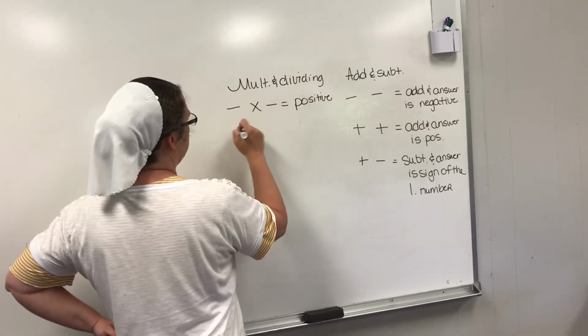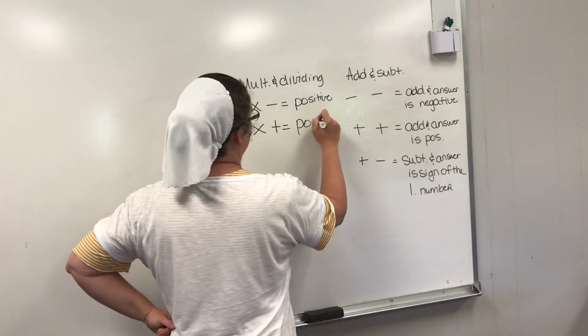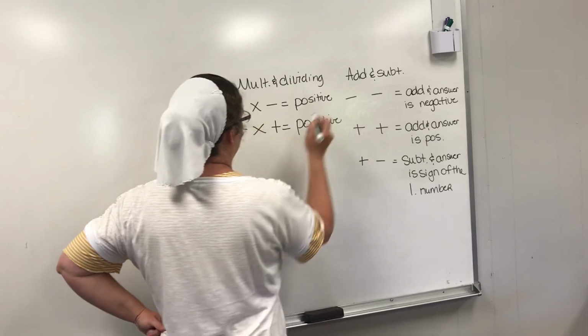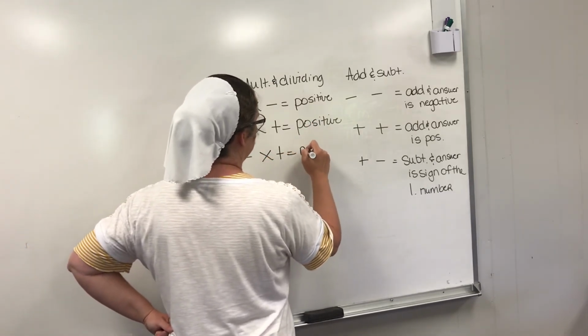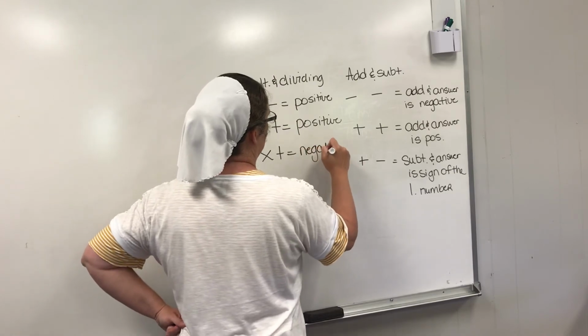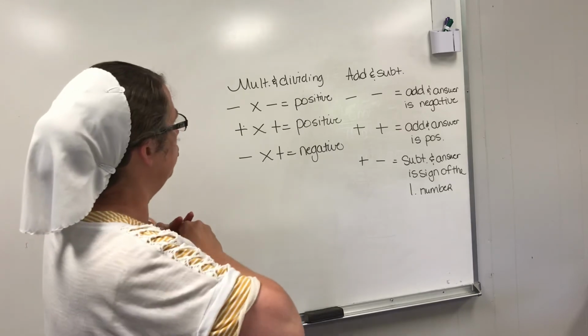Two positives equal a positive. A negative times a positive always equals a negative. All right? These are your rules.